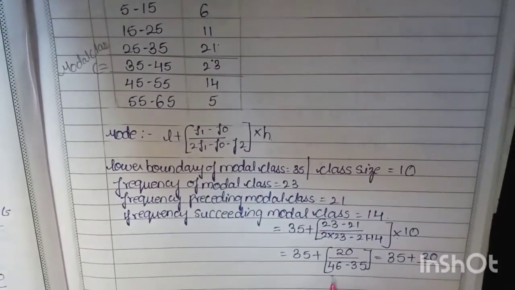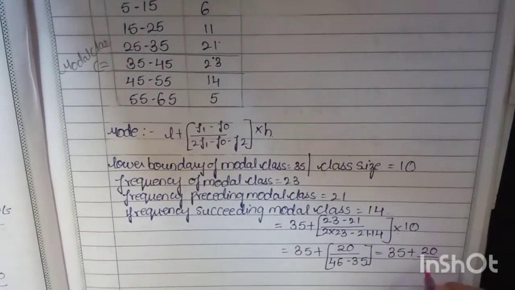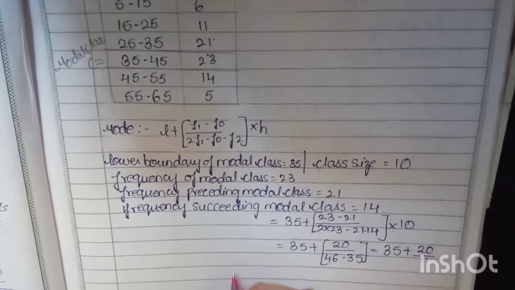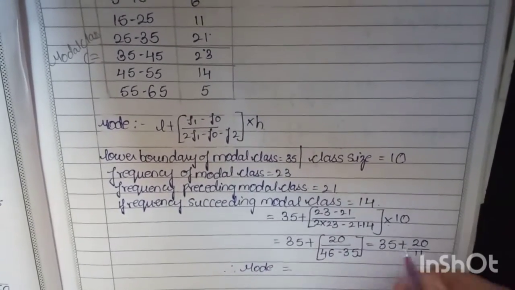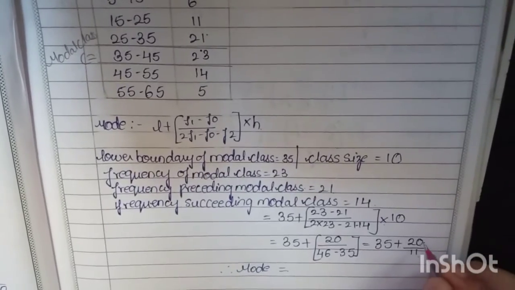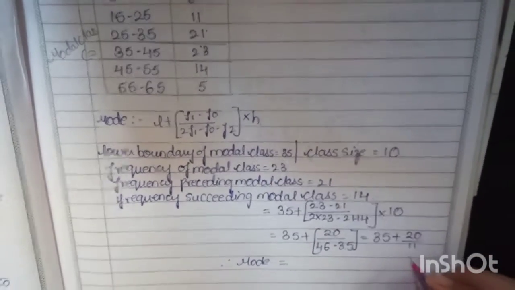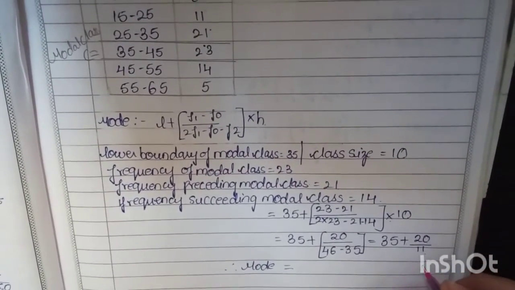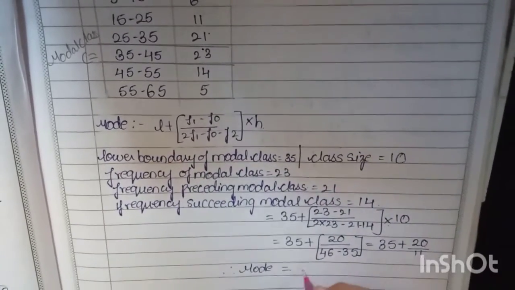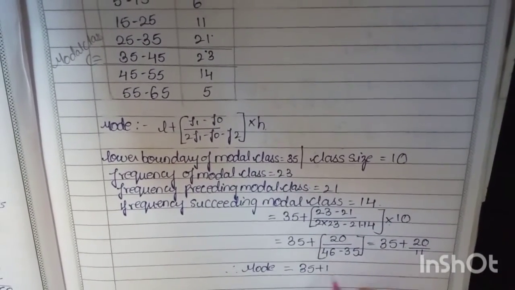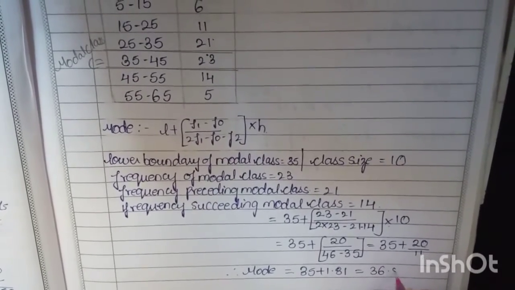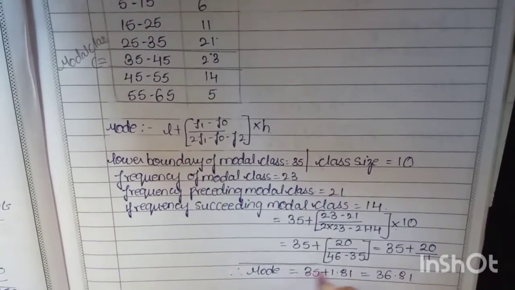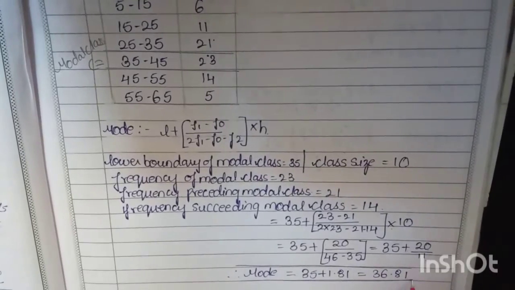When you subtract 46 minus 35, you get 11. When you simplify 20 by 11, the answer is 1.81. So that is 35 plus 1.81, which is equal to 36.81. Now we found the value of mode.